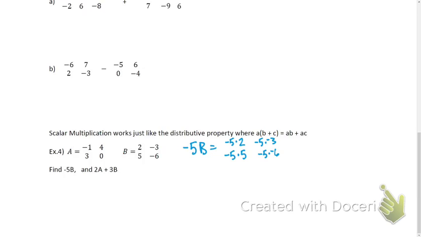So final answer for -5B, I'm going to write this down, is -10, 15, -25, and 30.